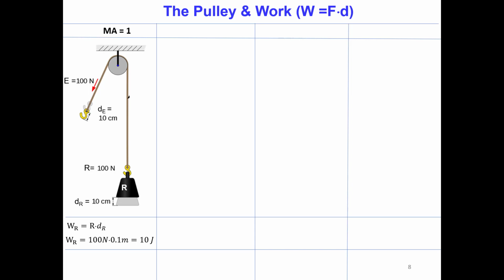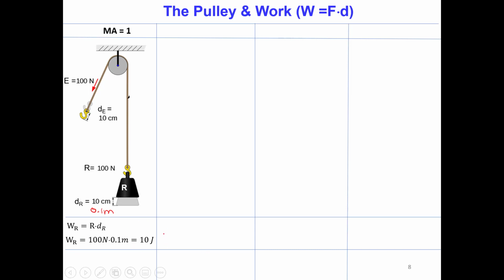If we calculate the work done by the resistance, we need to multiply the resistance, this is the weight of the object we want to lift, by the distance we want to move the object. We want to move the object 10 centimeters, but remember 10 centimeters equals 0.1 meter. Let me write here, equals 0.1 meter. If we multiply these two numbers together, we will get 10 joules.